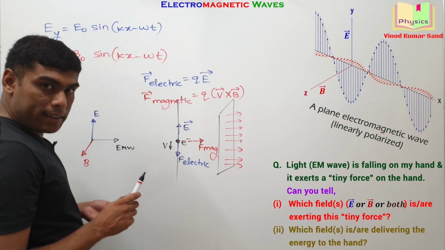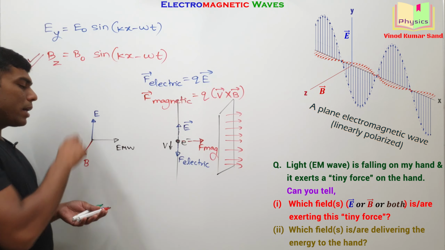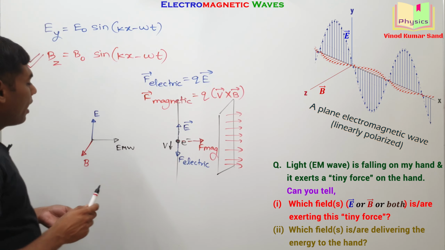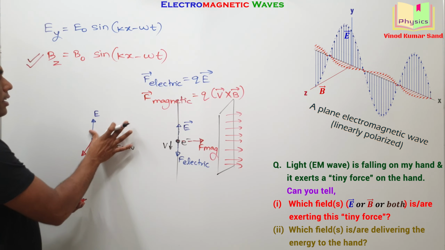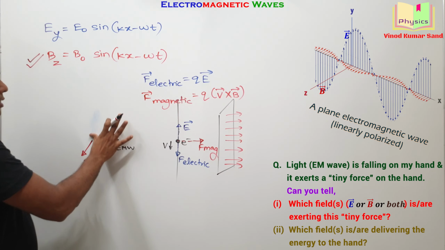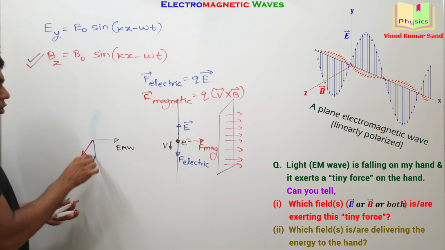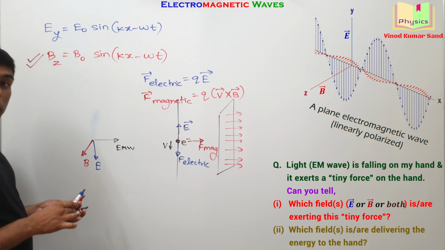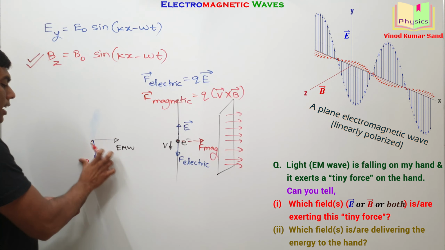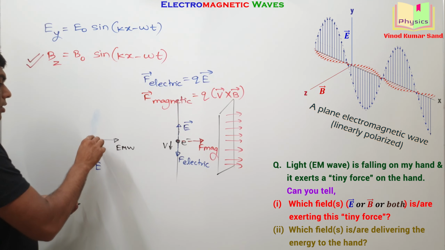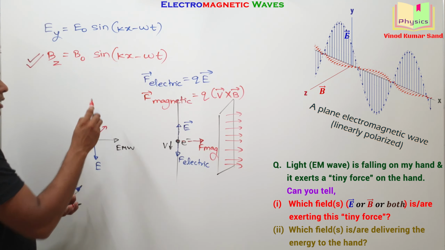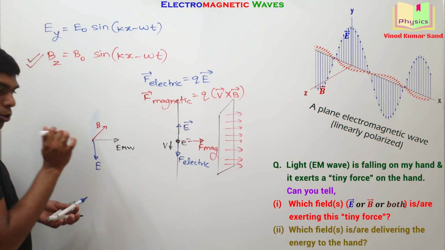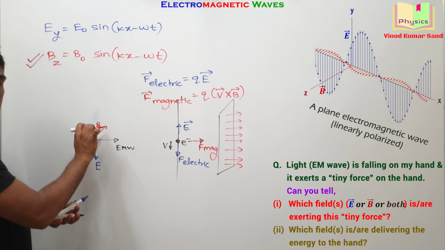Let's try it again. We know that electric and magnetic fields are oscillating. After some time, let's say the electric field is in this direction, the downward direction, and the magnetic field is in this direction. Actually, the magnetic field is inward. I cannot show that, so I have shown it like this.